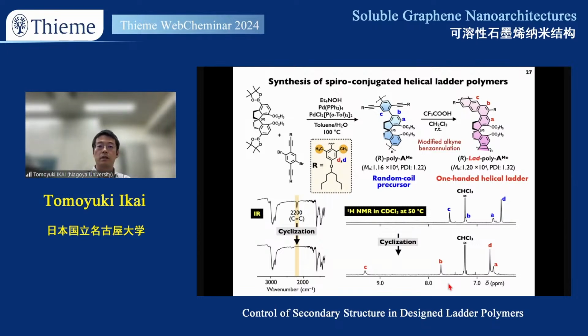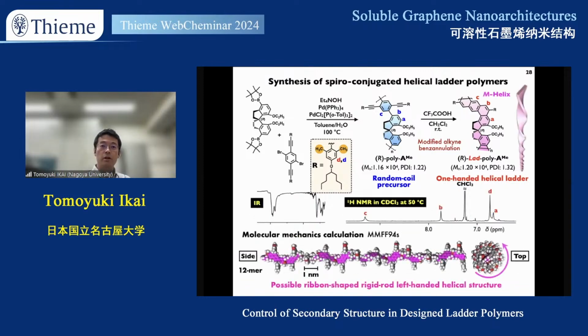This spectral analysis suggested that the one-handed spiro-conjugated helical polymer was successfully produced through the modified alkyne benzannulation. Here is a possible secondary structure optimized by calculation. We can see the ribbon-shaped rigid left-handed helical structure without a helical cavity.